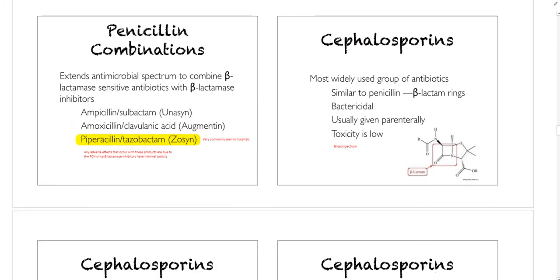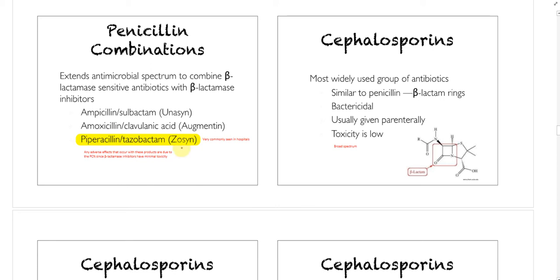This way, those powerful penicillins, like ampicillin, amoxicillin, piperacillin, are able to be given and have an effect without having to worry about beta-lactamases, because our sulbactam or clavulanic acid or tazobactam are going to deactivate or inhibit beta-lactamase.